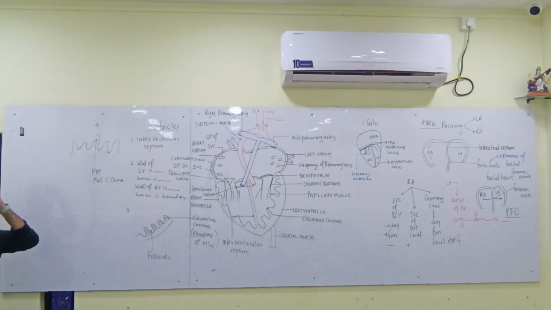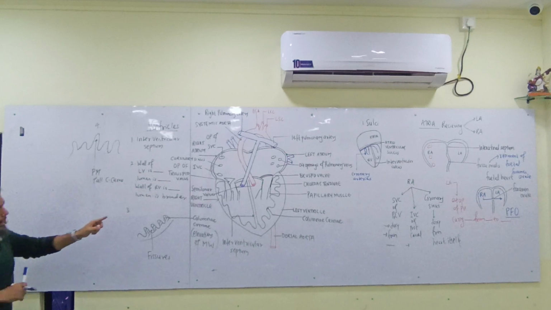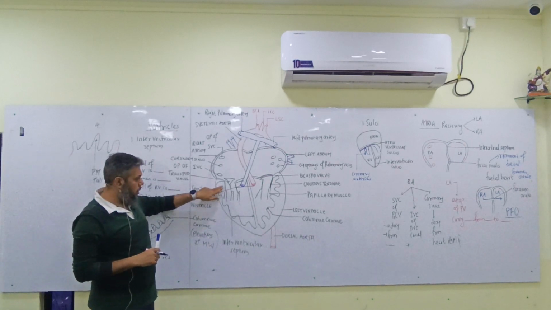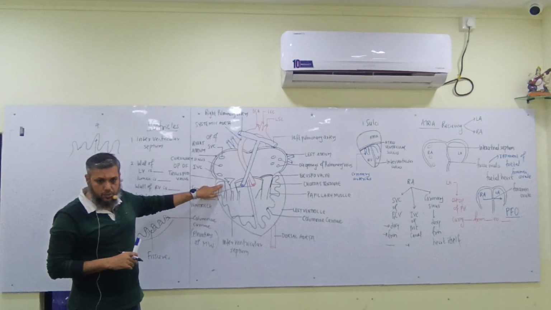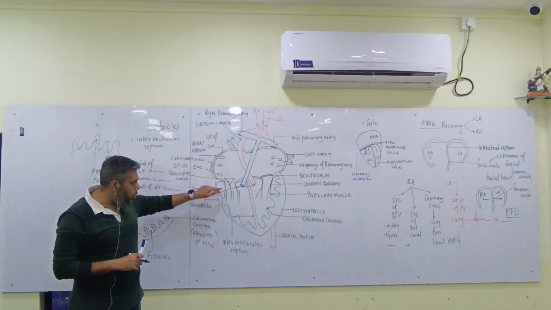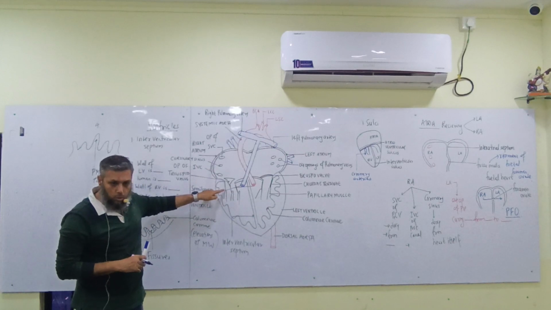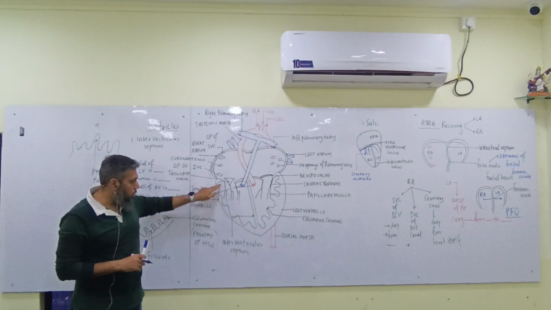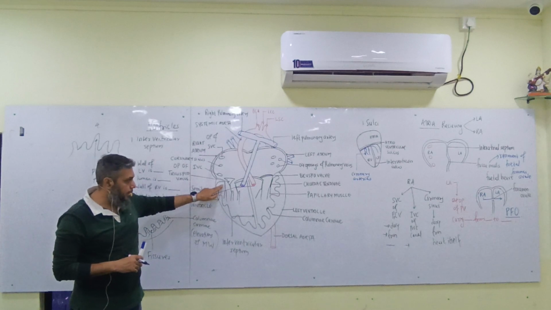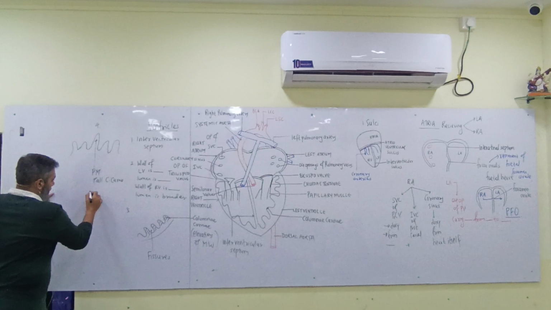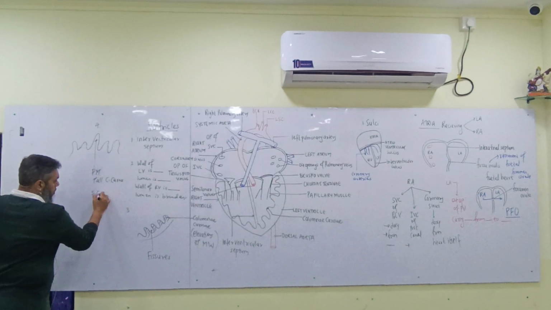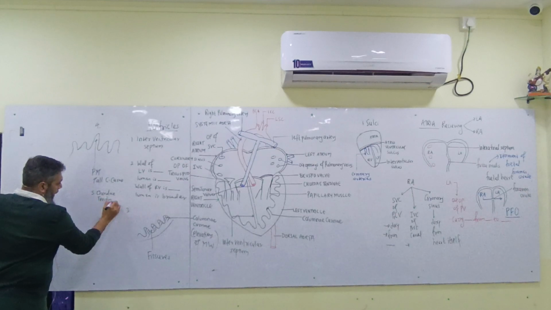Okay. Now, if you look at the papillary muscles, they are connected to a collagenous, made up of collagen, inelastic cord. Inelastic cord, not elastic. It is an inelastic cord, which is called chordae tendineae. What are they called? So the papillary muscles are connected to the chordae tendineae.